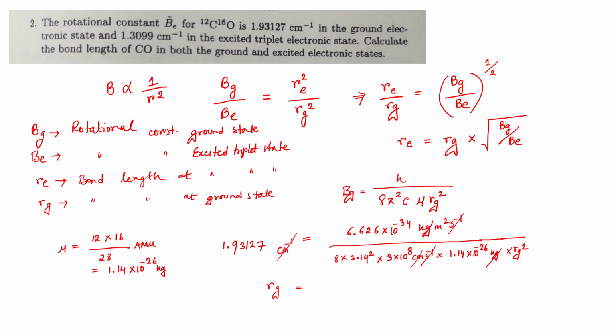so we are going to get 6.626 into 10 to the power minus 34 divided by 8 divided by 3.14 square divided by 3 divided by 10 to the power 8.